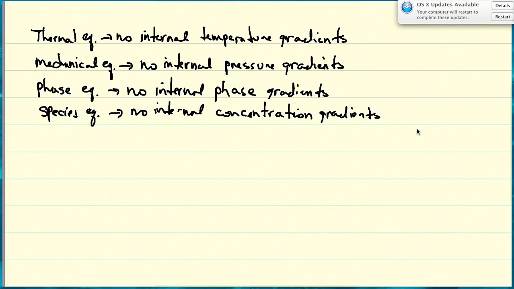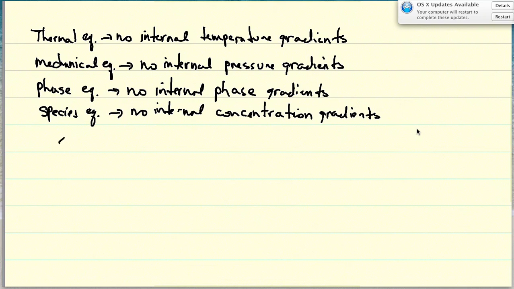Okay, so again, this may or may not be too terribly helpful at this point. So let's draw a diagram that looks at what a system would be not in equilibrium. And let's suppose that our system has a mechanical gradient.